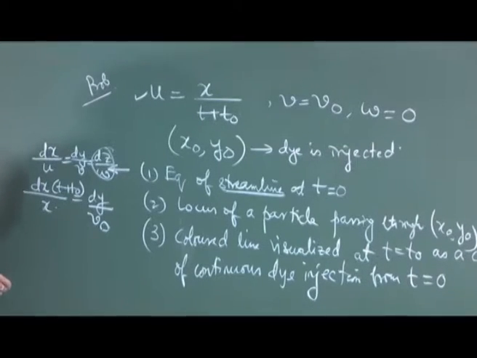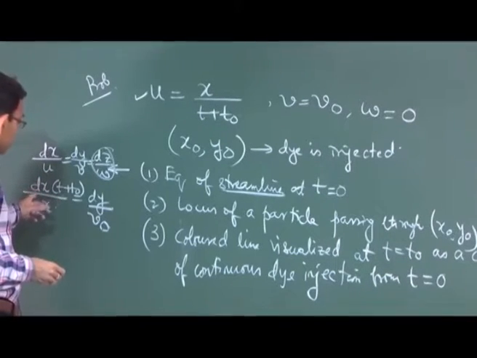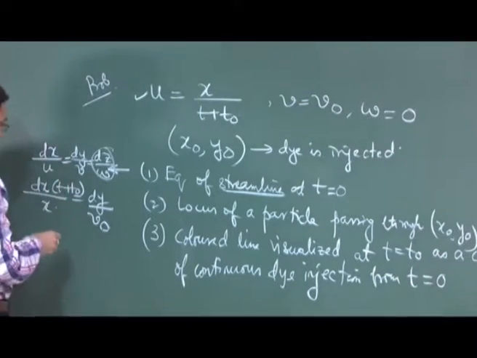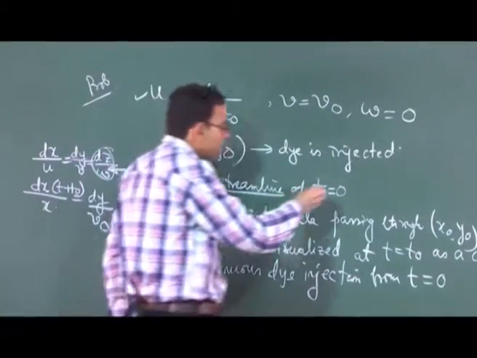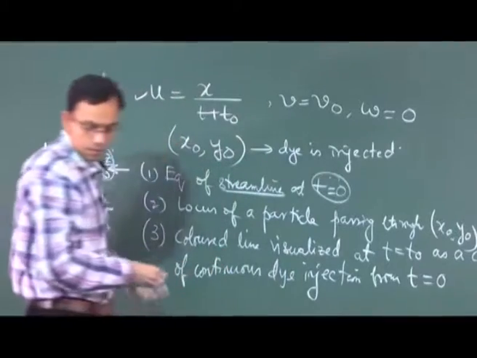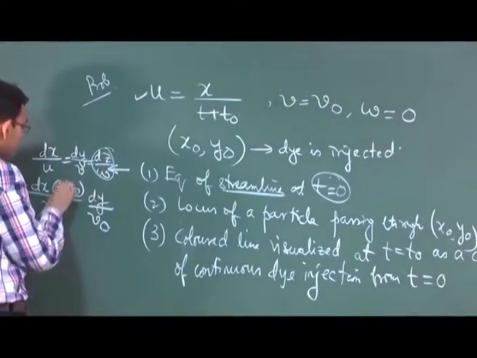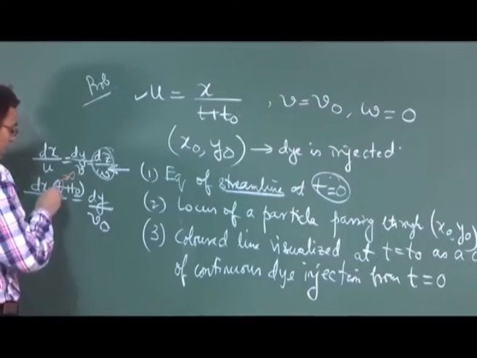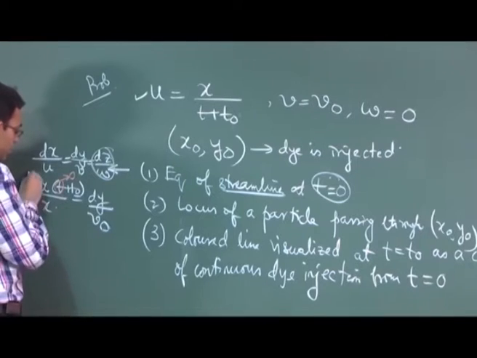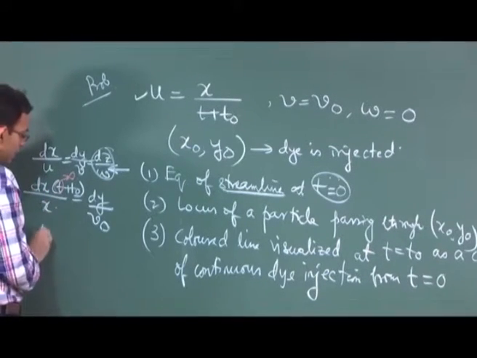So, now you have to figure out at what time you are asked to find the equation of the streamline. At t equal to 0 this will become 0. So, you can write dx by x, and now integrate it.